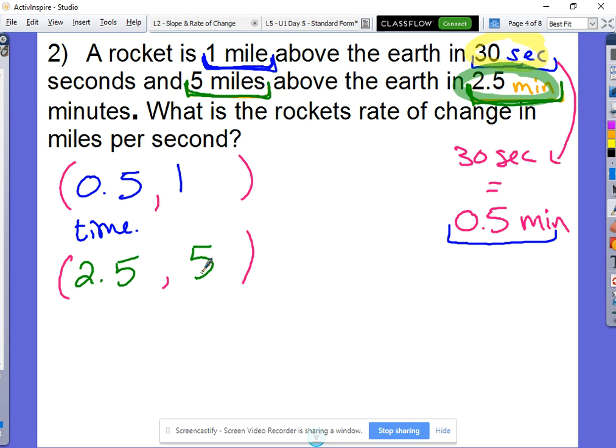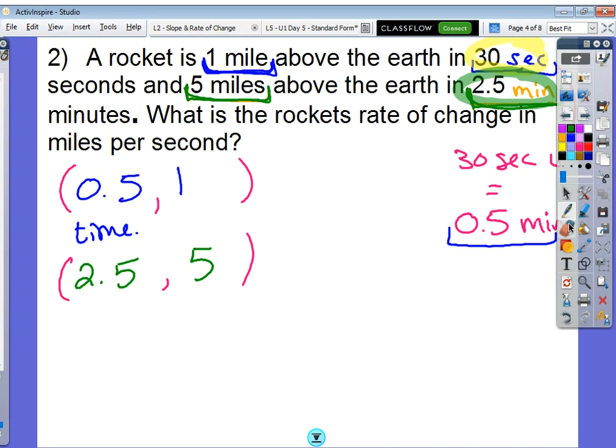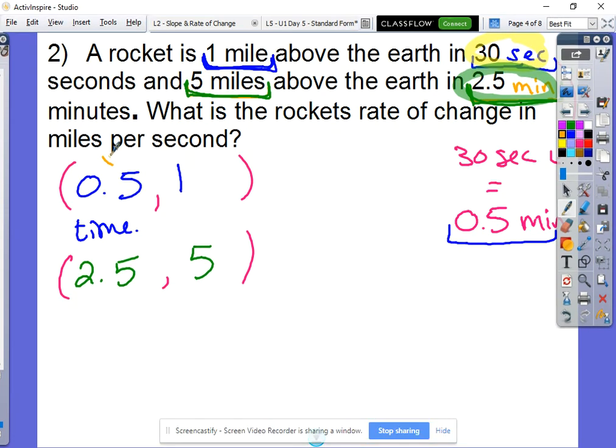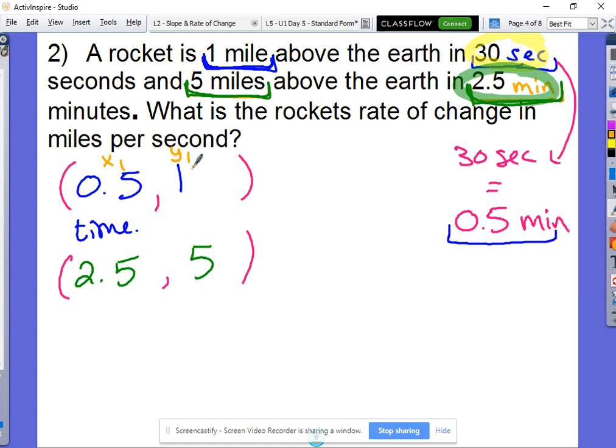So now we've got to find our rate of change. Our rate of change is y2 minus y1, all over x2 minus x1. Let's label these: this is x1, y1, x2, y2.